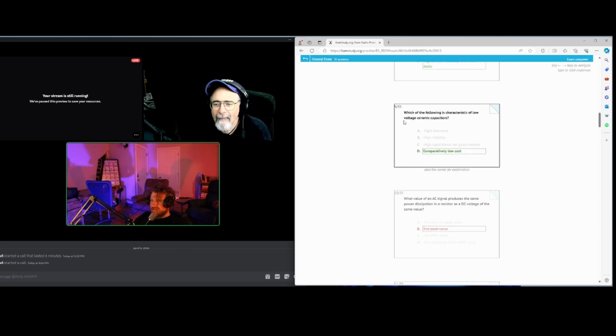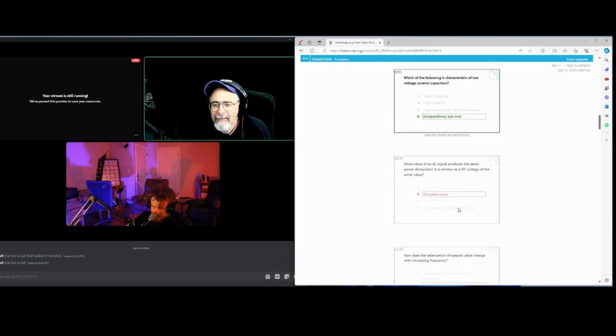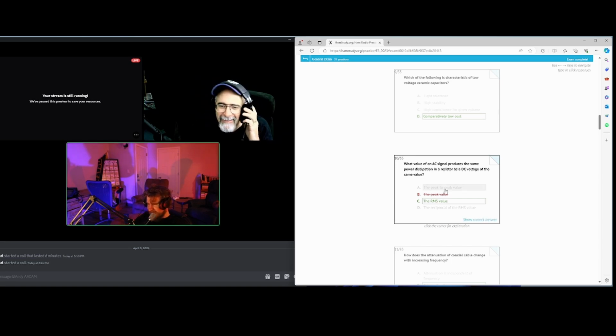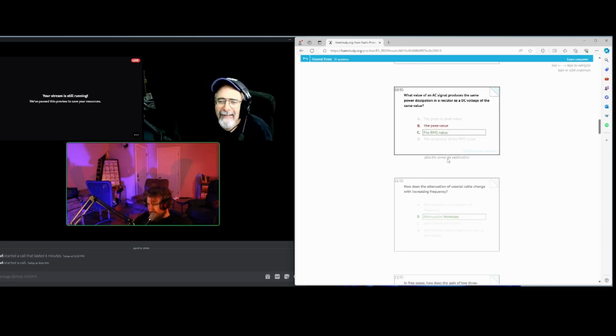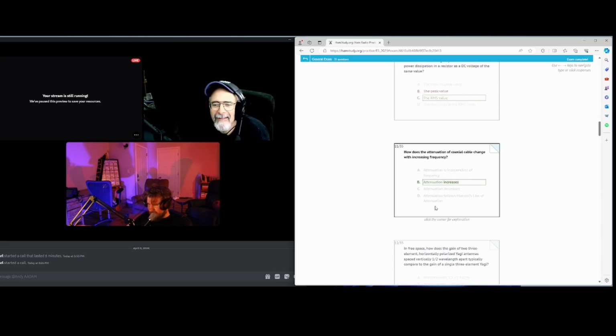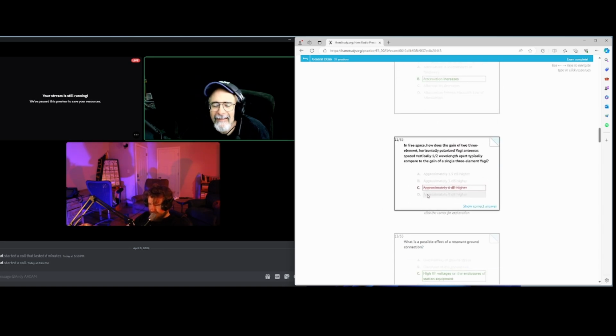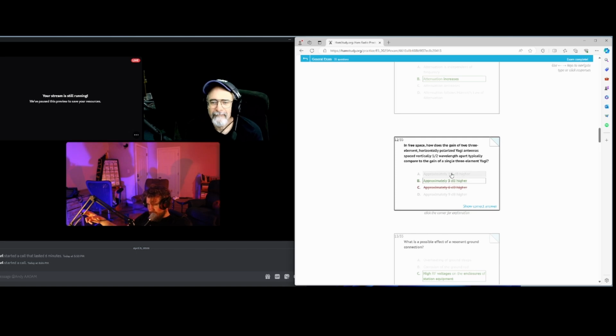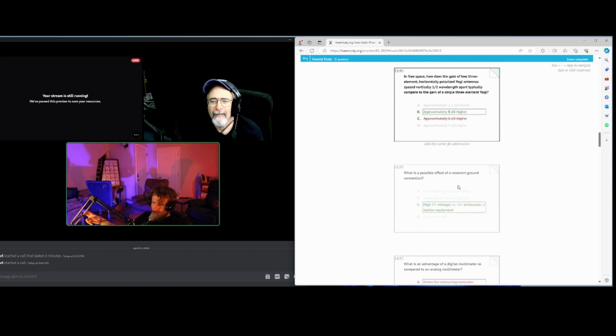Okay, the ceramics. Oh, it's going to take a turn here. You got quite a few in a row, right? RMS value. Attenuation increases. Oh, I got the coax one. It's been like right, wrong, right, wrong, wrong. Just back and forth. What is the possible effect of a resonant ground connection?